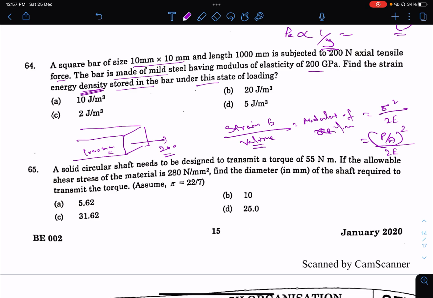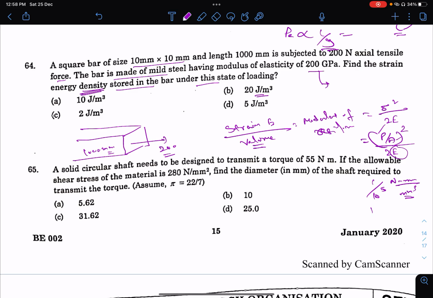So the total value comes out to be, P is given, area is given, E is given, Young's modulus of elasticity is 200 gigapascal. So the value will come out to be 1 upon 10 raised to power 5 Newton per mm upon mm cube. So I will convert it into this unit, joule.